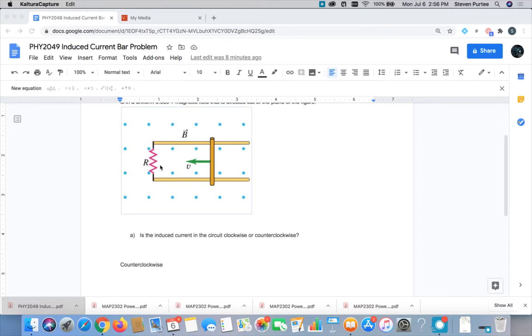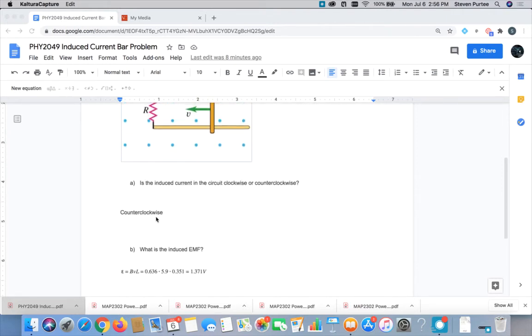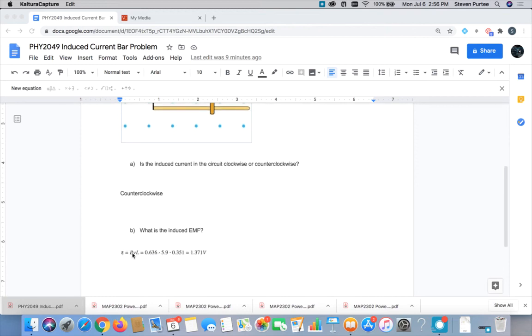So power through a resistor is V squared over R. Let's find V. Let's find our induced EMF. So the induced EMF is epsilon equals, and I derived this in the lecture video, v B L. So multiply all that together.